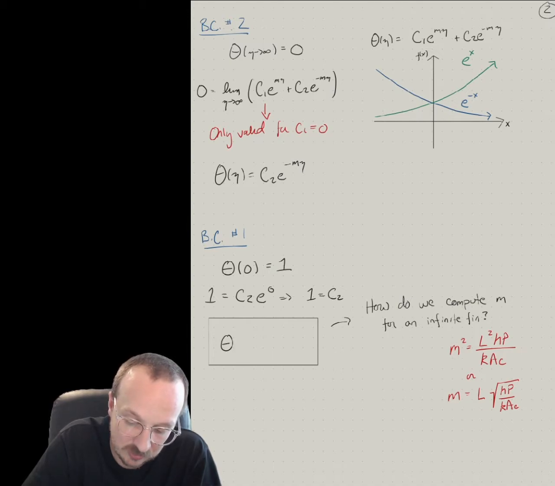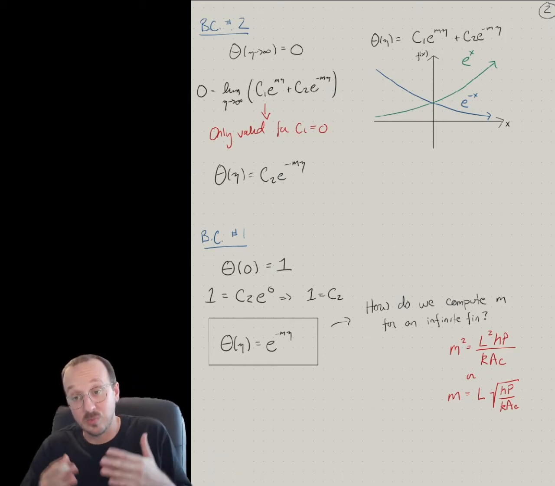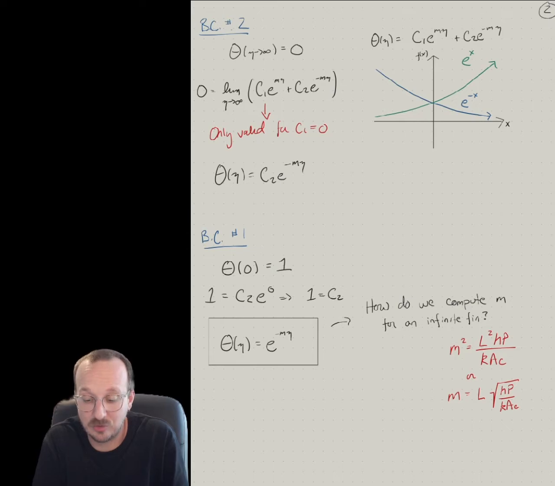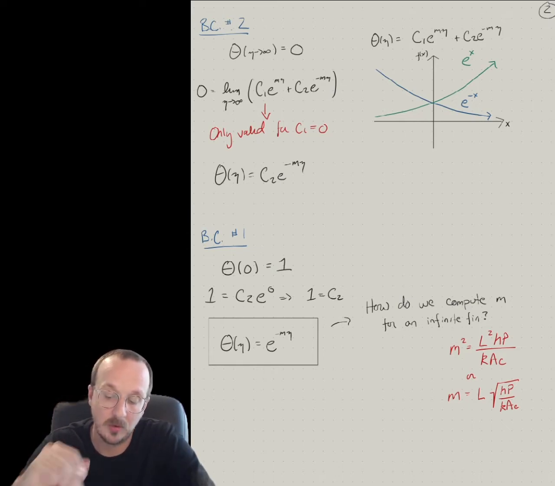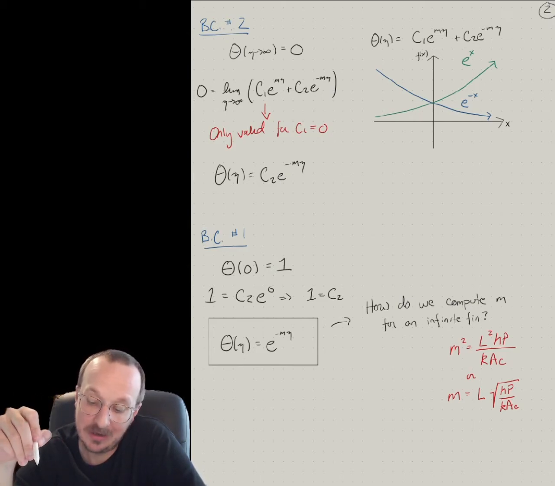And we're left with this function, theta of z equals e to the minus mz. This is why we like infinite fins. This is a really easy expression. The temperature profile has an exponential decay. That's pretty straightforward.